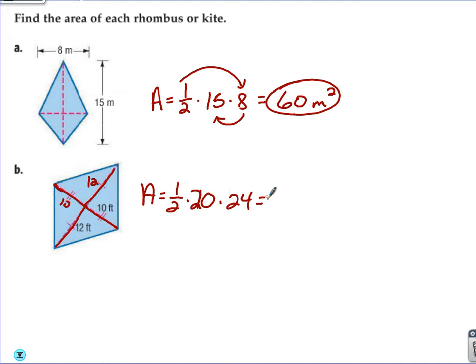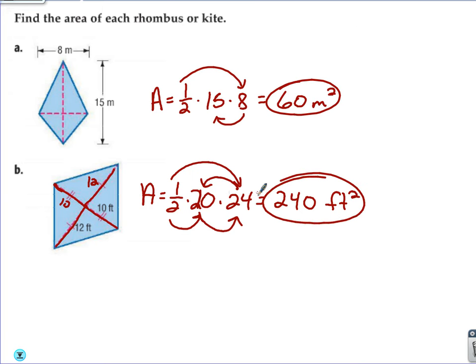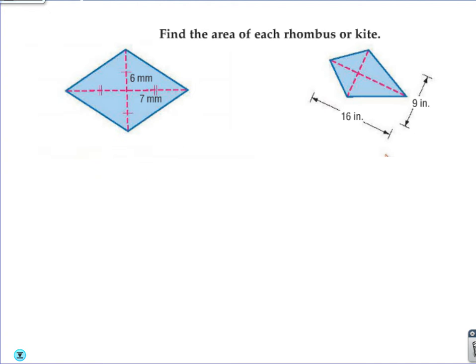How would I multiply that together? Do it without a calculator, guys. What's half of 20? 10. And then times 24, 240. You can do it like that too. Half of 24 would be 12. 12 times 20, also 240 square feet. Any questions? Pretty easy, right?